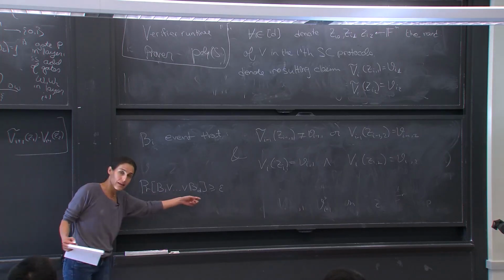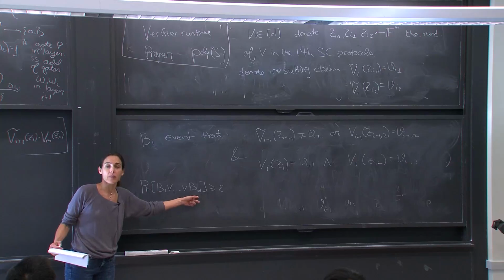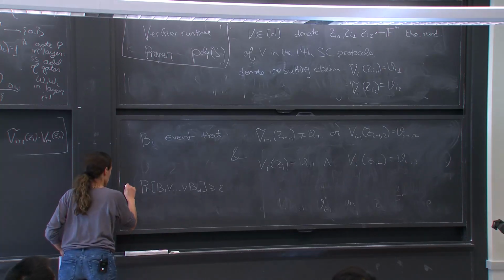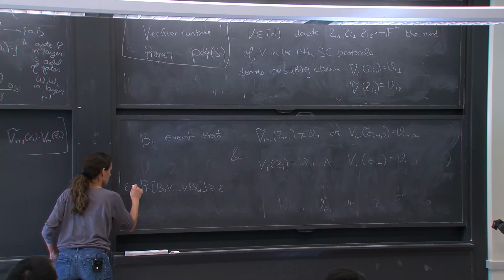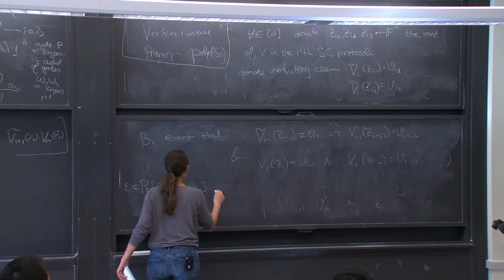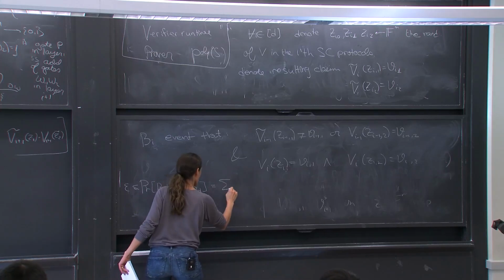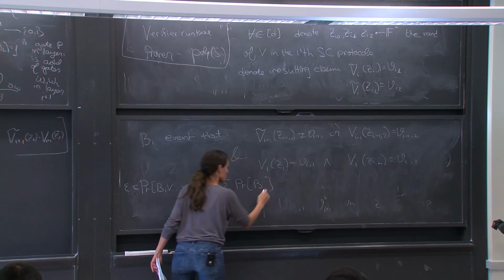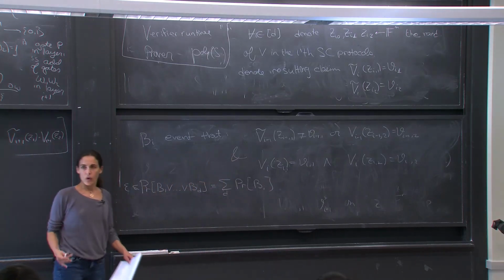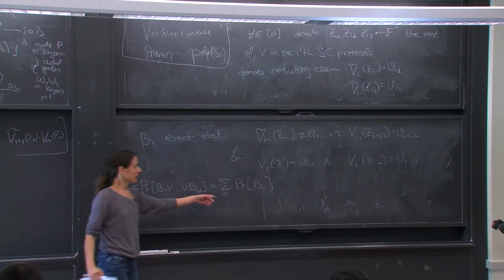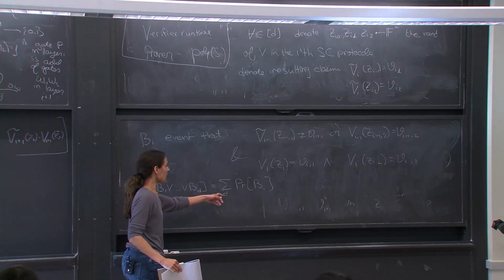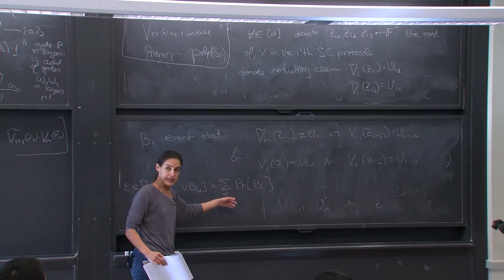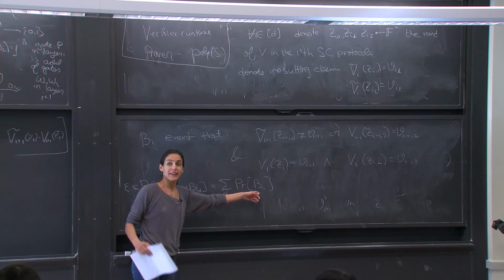So one of the bad events must happen for him to cheat. But by union bound, this is at most the sum over i in D of the probability of B_i. So he can cheat with probability at most the sum of the probabilities of bad events.